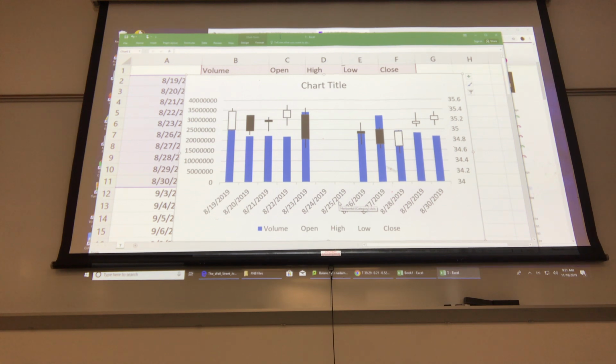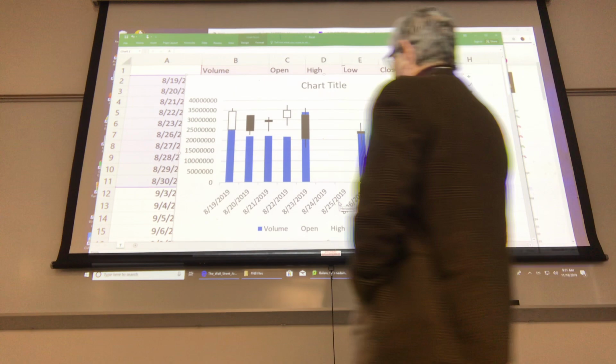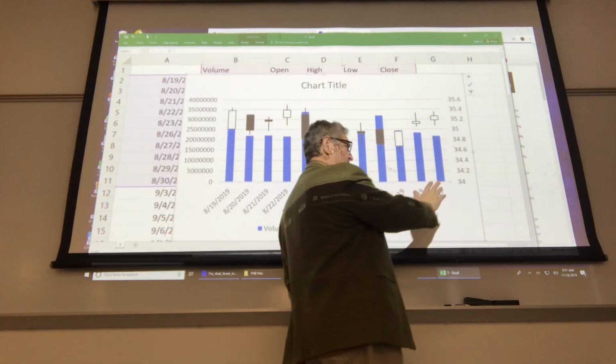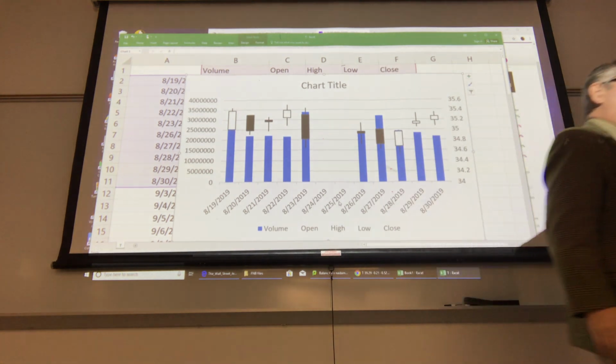What do I have? For August, that's the period I selected. For August, I have daily information that tells me what is happening with respect to volume. Volume is something that I have here on my left side, and price is on my right side.